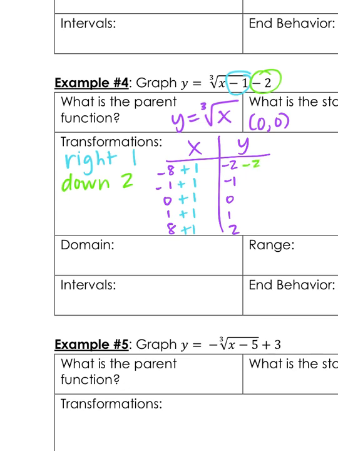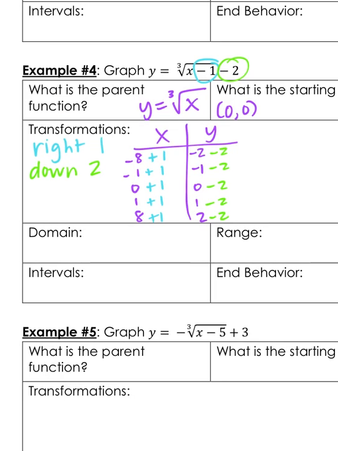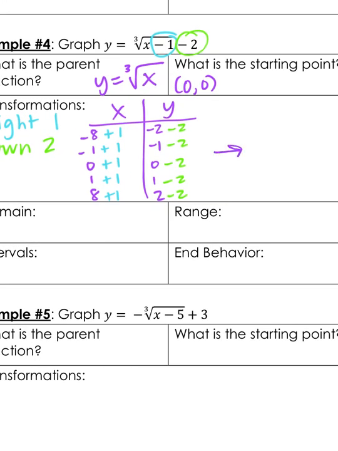And down 2, so I'm going to subtract 2 from all of my y's. That's going to give me a new table of -7, -4, 0, -3, 1, -2, 2, -1, and 9, 0.